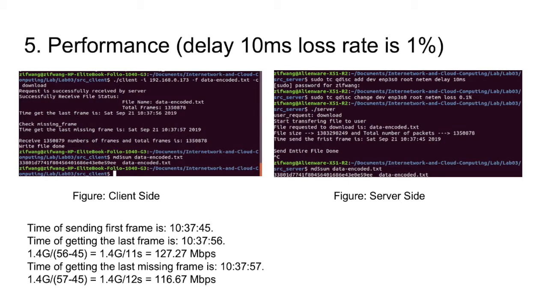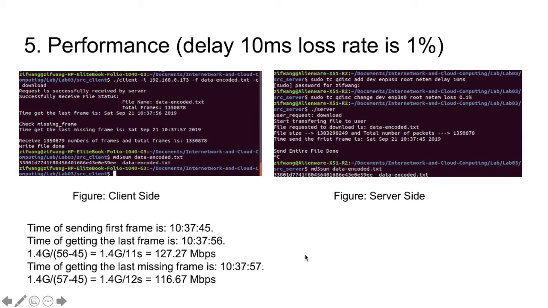In the situation where we have 10 milliseconds delay and 1% loss, we can see the time we send the first frame is 45 seconds, and getting the last frame is 56. Getting the last missing frame is 57. It's not a big difference, so we can see we don't lose a lot.